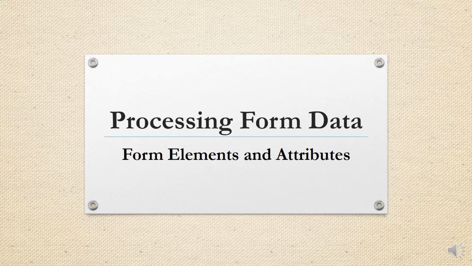So we have many elements, and we're going to talk about many of them, not every single element and attribute from a form, just the basic form data elements. Okay.